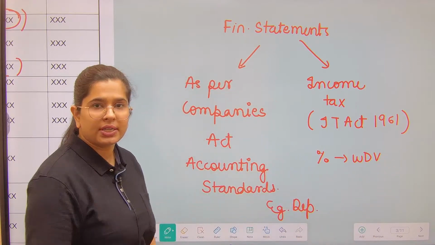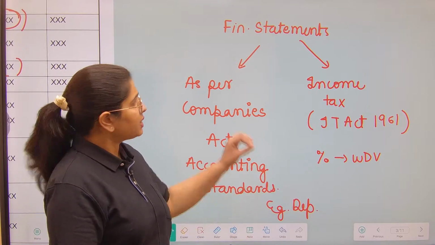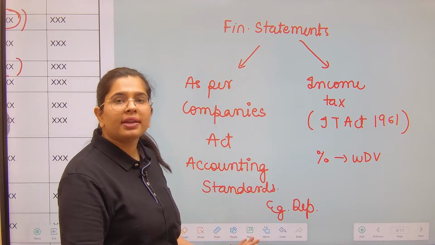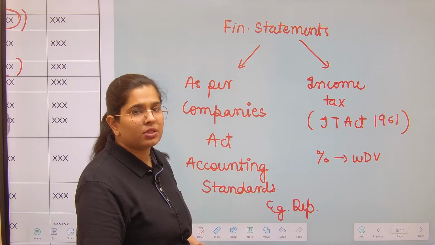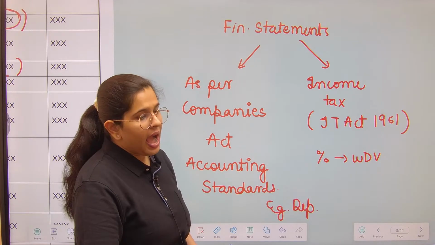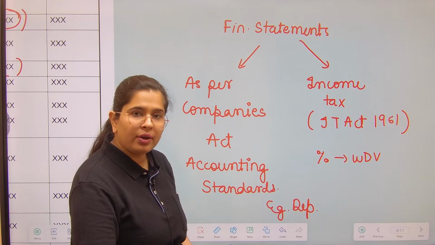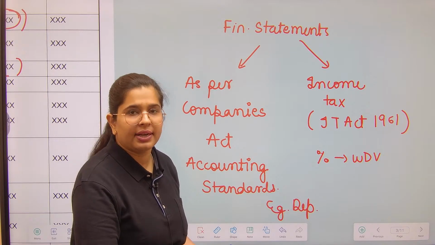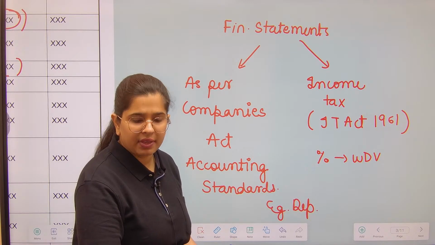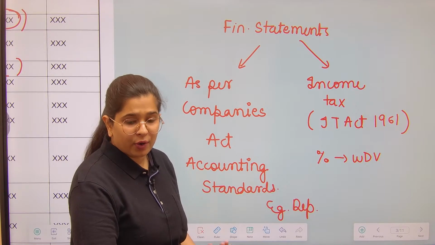WDV basis is the written down value method. And as per the Companies Act, you can calculate depreciation on the basis of the straight line method as well. I am hoping that you already know the difference between the straight line method and the WDV method.